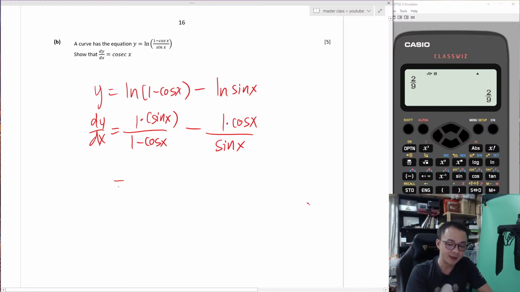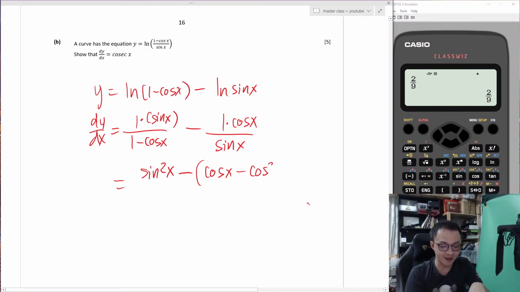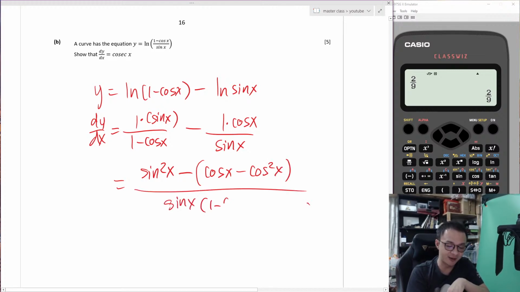Okay, so make them same denominator. So this one should be sine square x minus cos x plus cos square x over sine x 1 minus cos x.